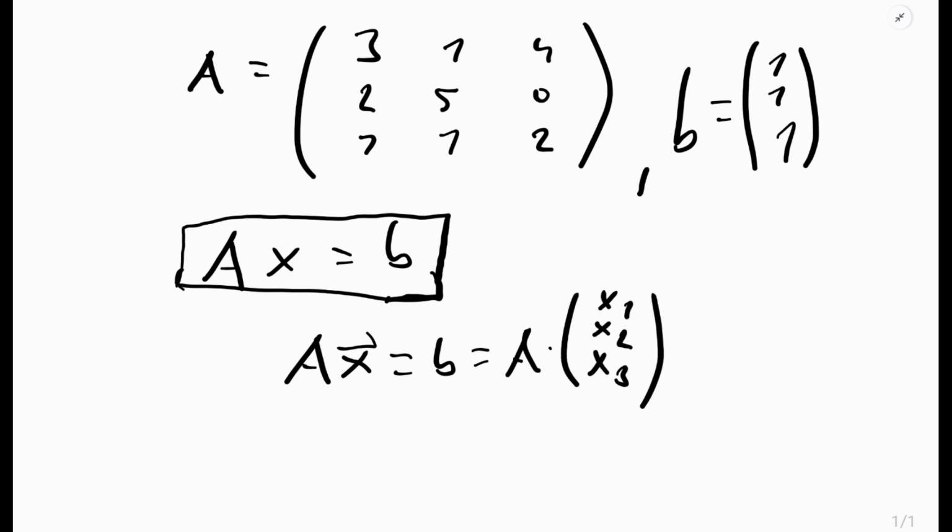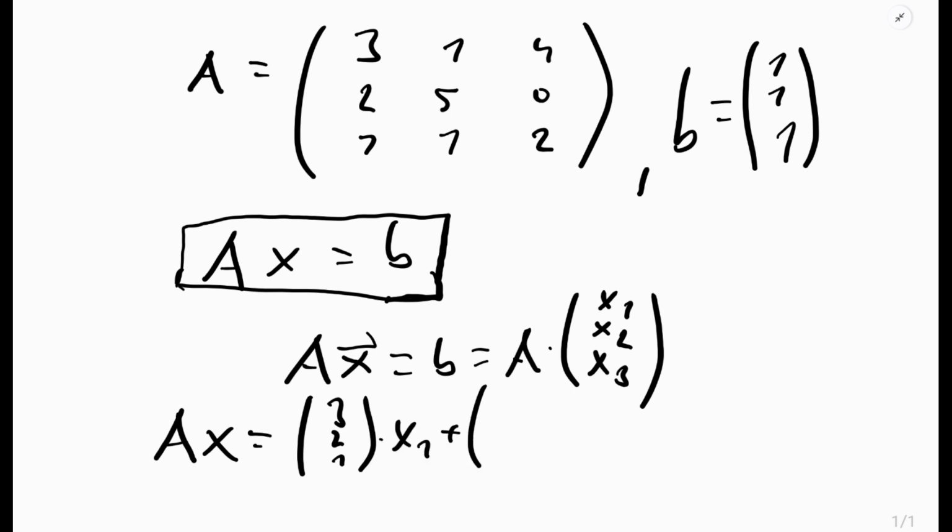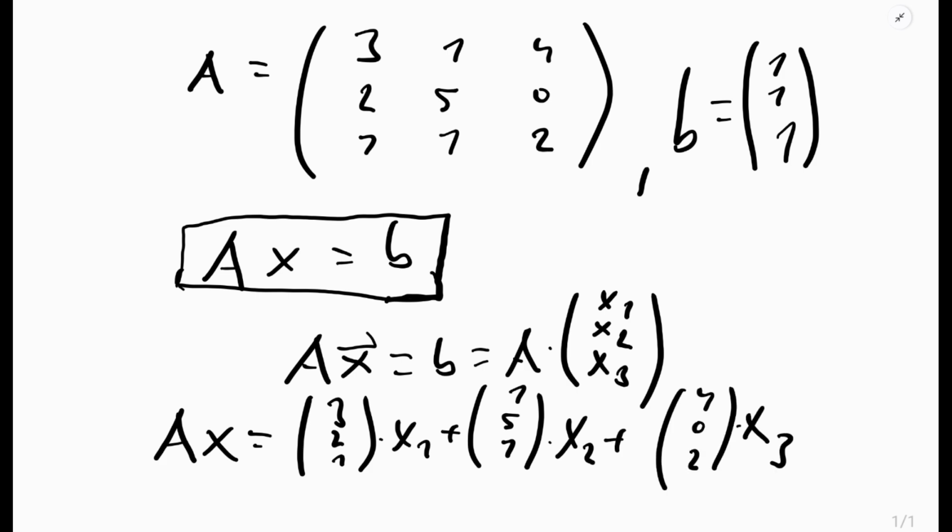So when you multiply A by it, we have 3 2 1 multiplied by x1, then the second column multiplied by the second entry x2, and add to it 1 1 2, I mean 4 0 2, multiplied by x3. That's the idea. So now our question could be, we don't want to get all three entries of x. Let's say we only want the third entry, for example.